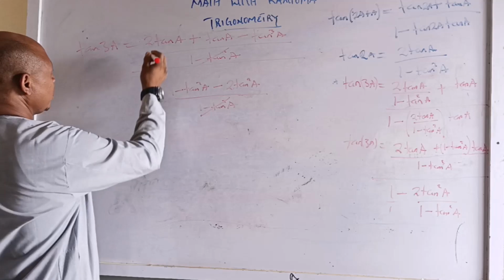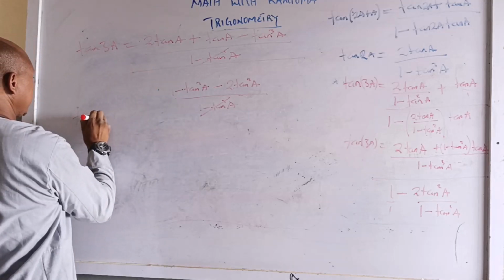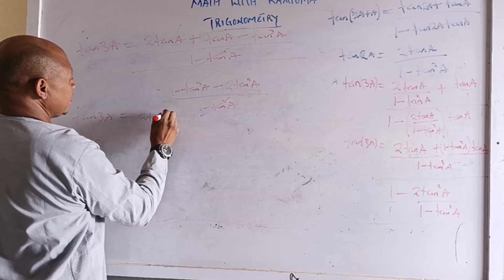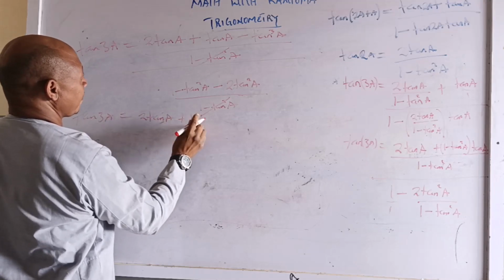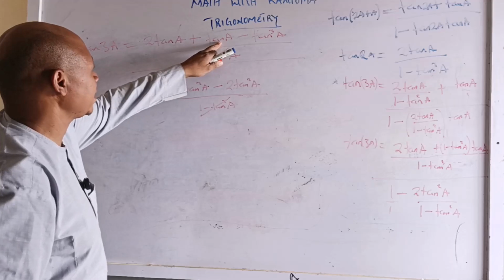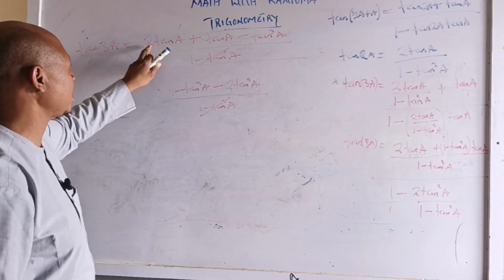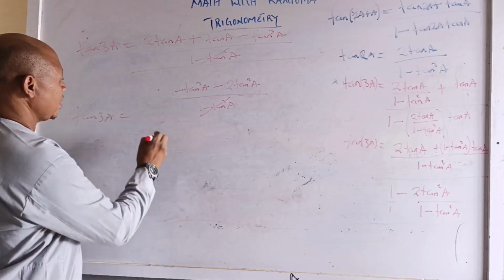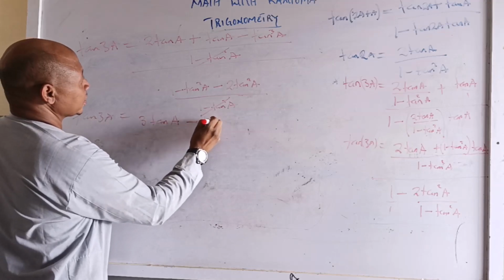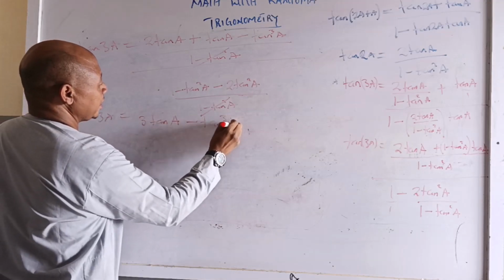What I'm left with is tan 3A equal to 2 tan A plus tan A, they are the same, I can add them together. 2 plus 1 is 3, so I have 3 tan A minus tan cube A.